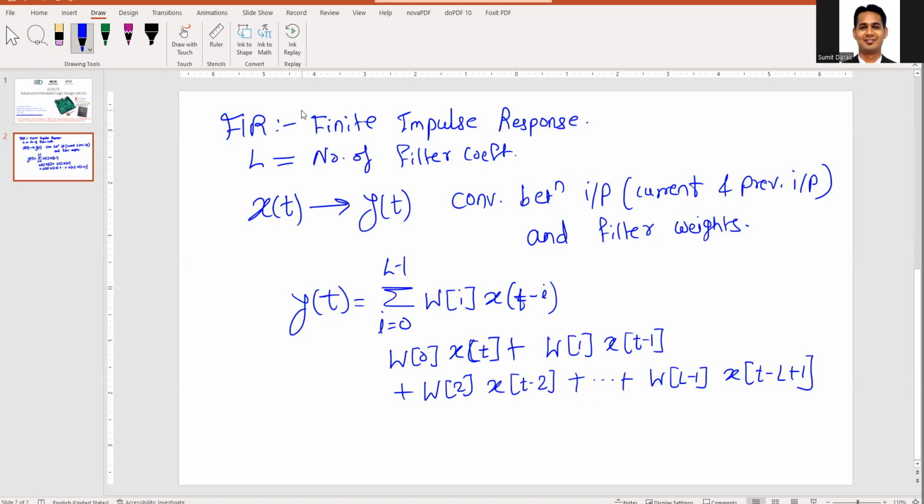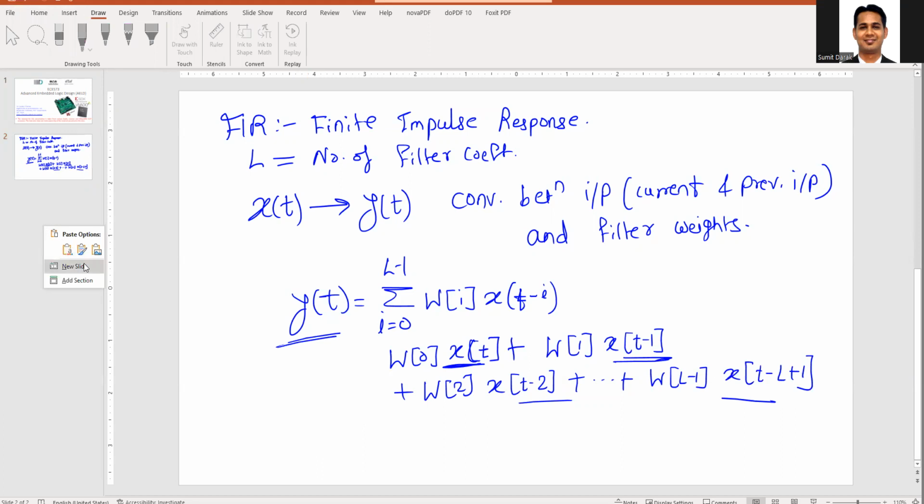So basically your current output at time t depends upon the current input as well as the past L minus 1 inputs. So this is the filter design.